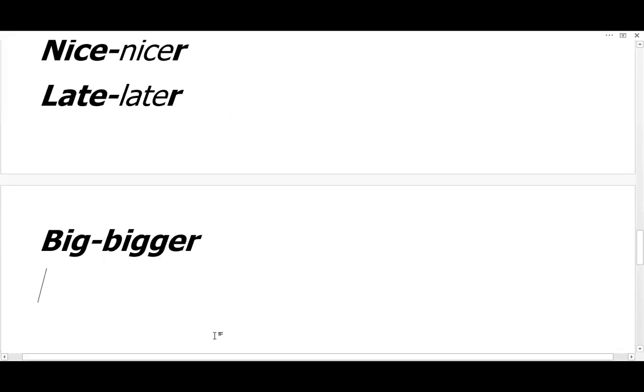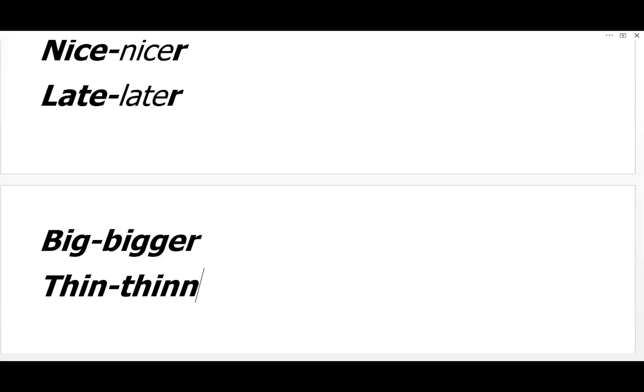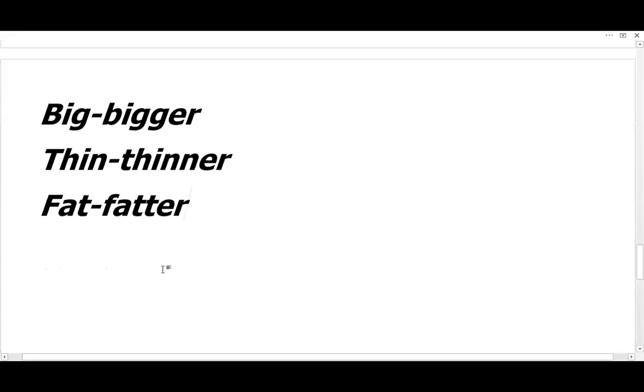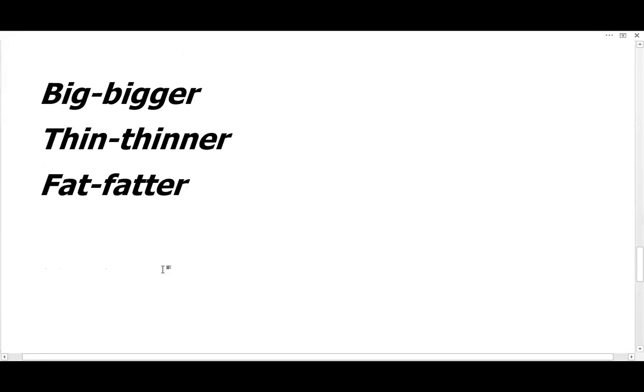You also had, for example, thin, and the final consonant is n. You double it and add er. Okay. You also have fat. When you make the change, you double and add er. Okay. Fat, fatter. That's what we have.